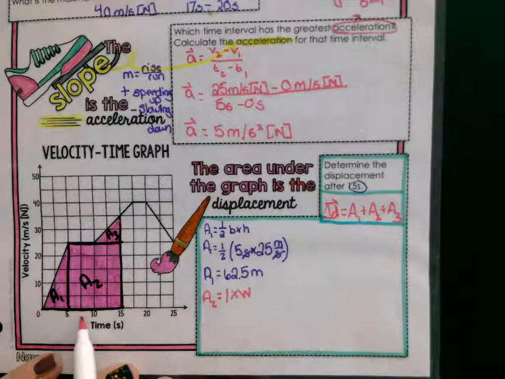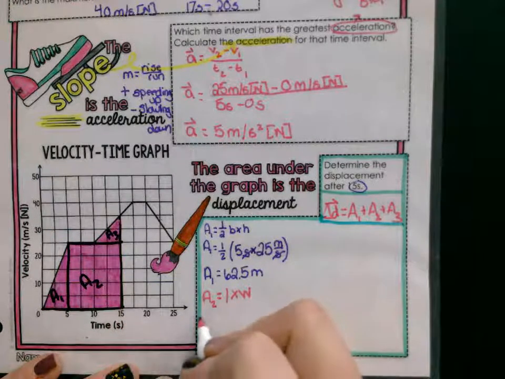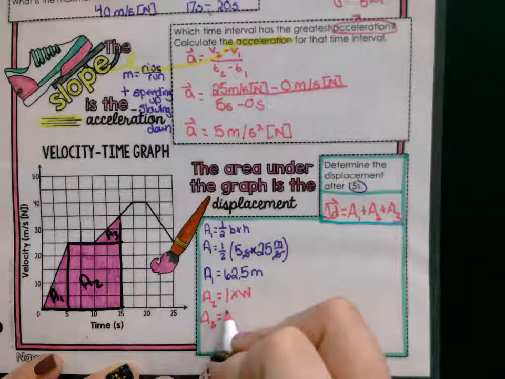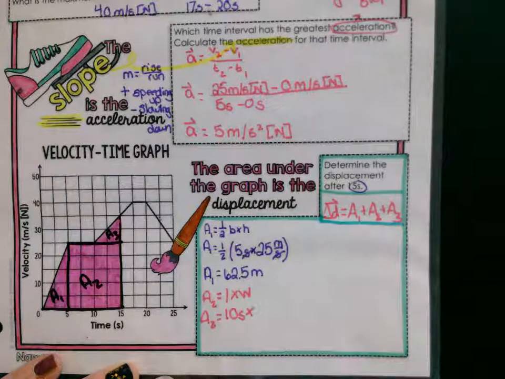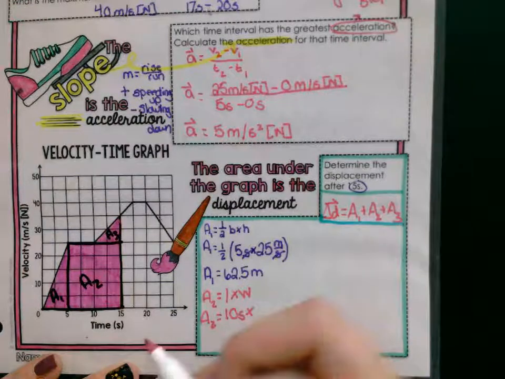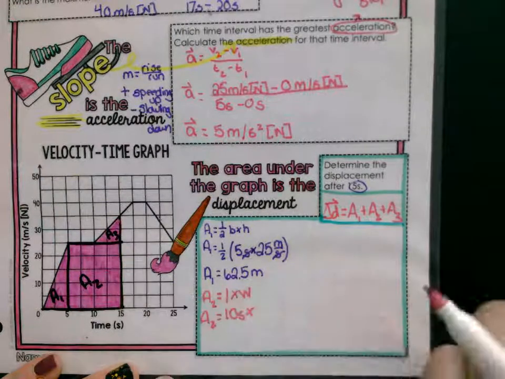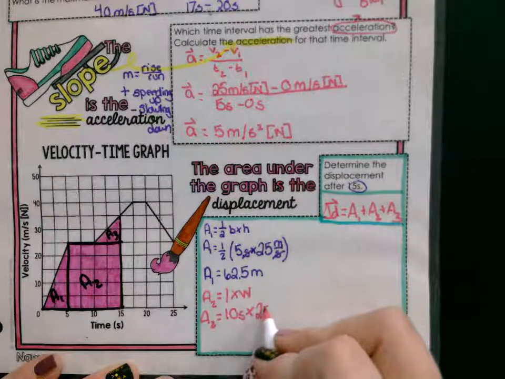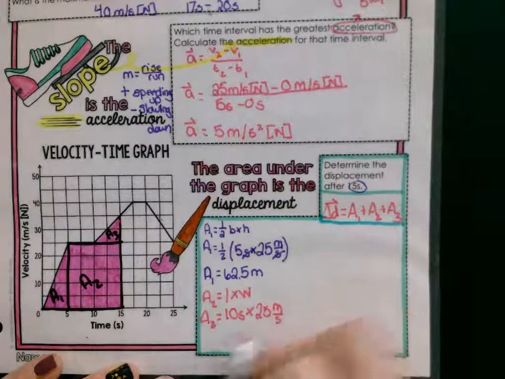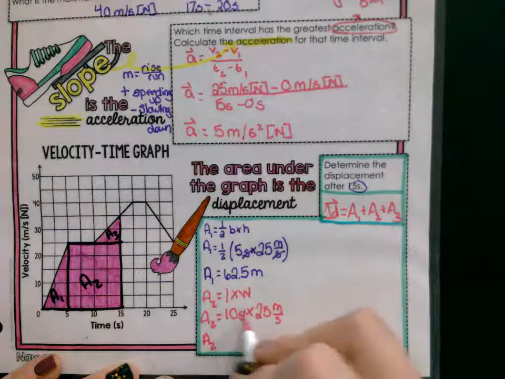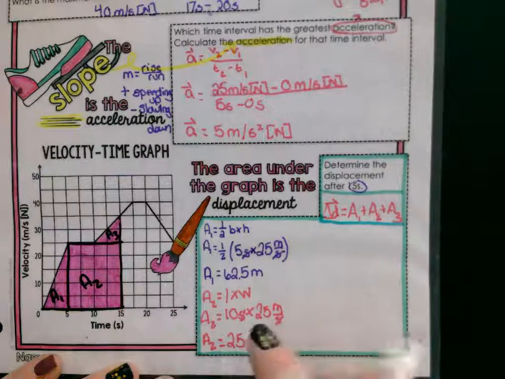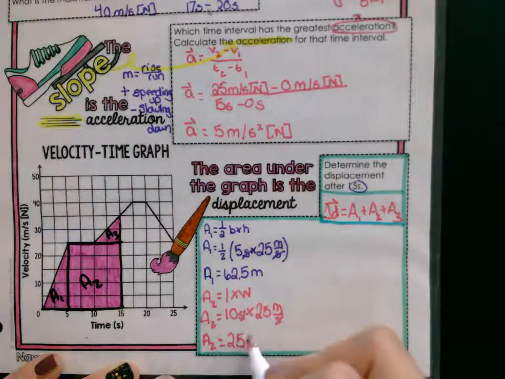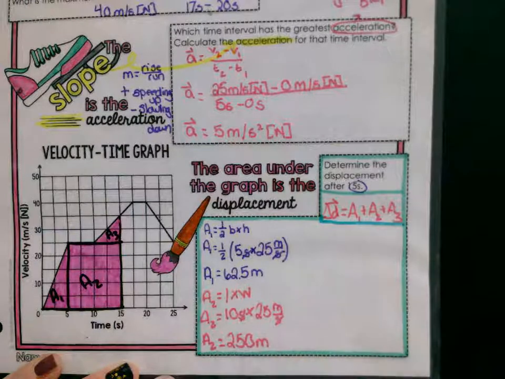So my length is 10 seconds. My width, again, is 25 meters per second. My seconds cancel. And I get 250. Oh, that's not 250. That's 250 meters.